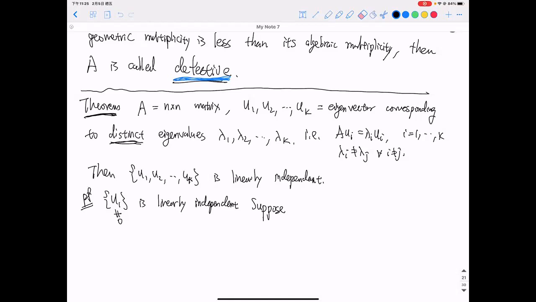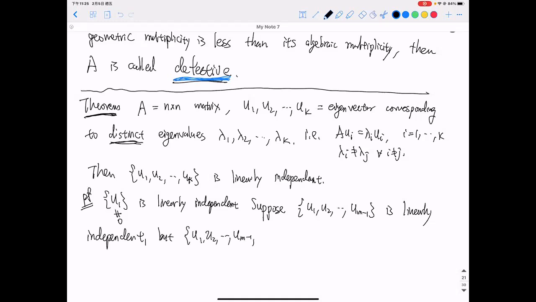So suppose that U1, U2 up to U(m-1) is linearly independent, but when you add Um, it becomes linearly dependent.